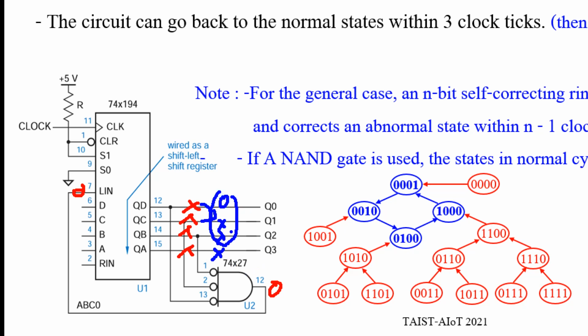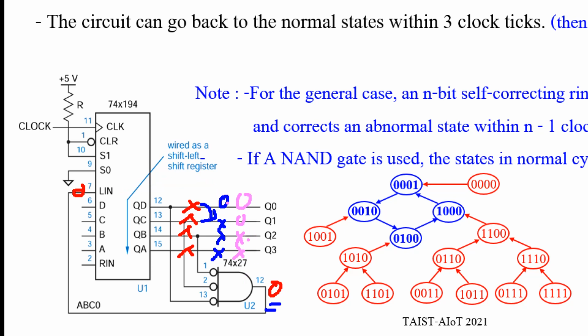Assume the condition 0, 0, 0 is still not true, so this output is 0. When the clock ticks, 0, x, x shifts here and Lin is read in, so it is still 0.